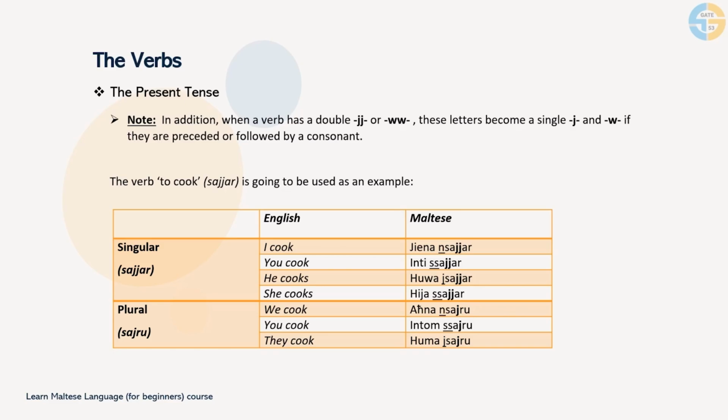So sajjar has a double y, so this rule applies. It is going to be used as an example, and we have the same table format, where the singular imperative is sajjar and the plural imperative is sajru.